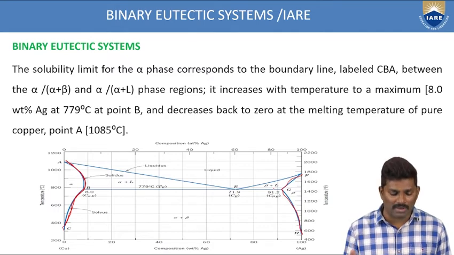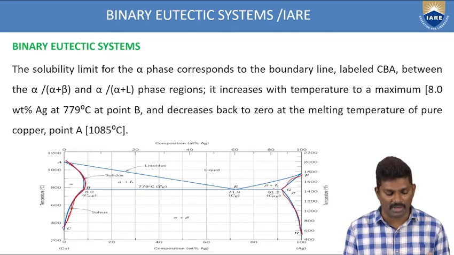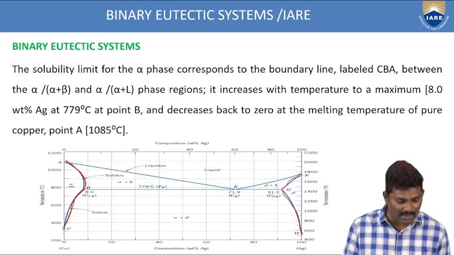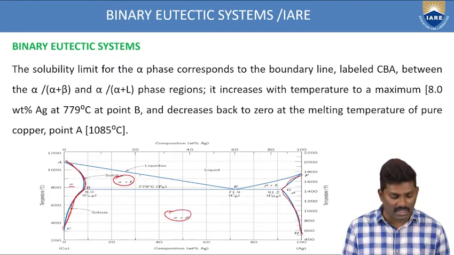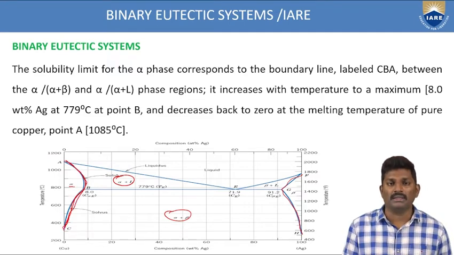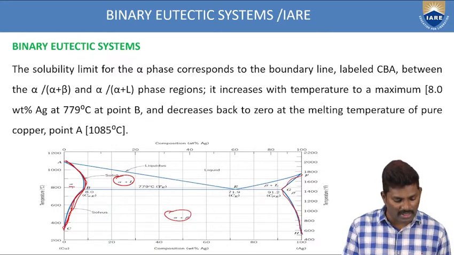Now the solubility limit for the alpha phase corresponds to the boundary. So this is the boundary of the alpha phase, A, B and C. And you have to label these points with these boundary conditions, and where it is lying between alpha and alpha plus beta and alpha plus L. The boundary of this alpha zone, the ABC boundary we are drawing here, is lying between alpha, alpha plus L and alpha plus beta.